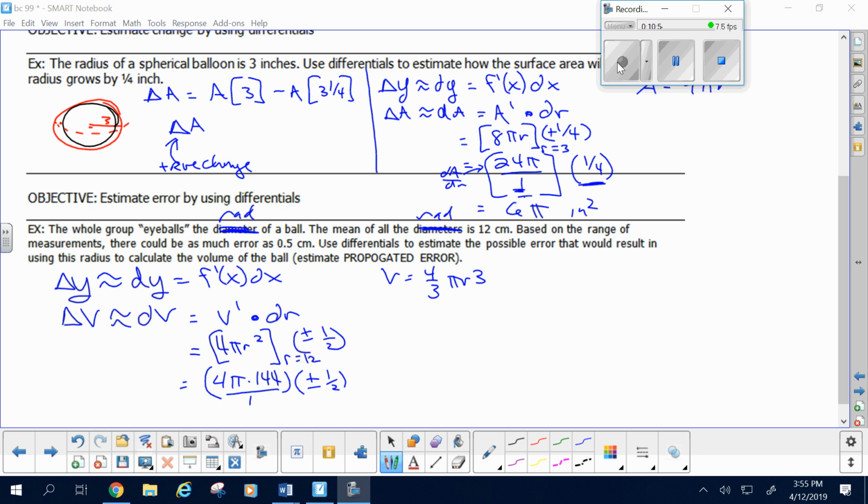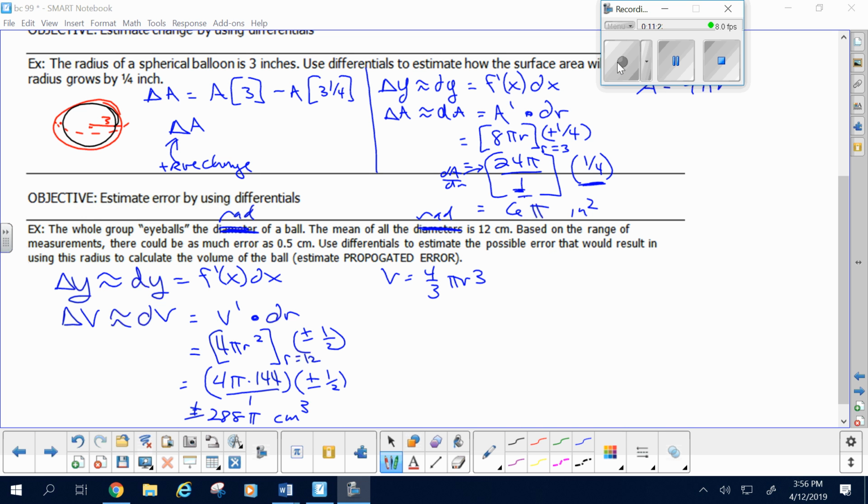That's a huge rate of change. The volume changes a lot by just one little change in the radius. If I were to clean this up a little, that is 288 pi centimeters cubed then. Just by changing the radius a half of a centimeter, the volume could be off by or changed by as much as 288 pi cubic centimeters in either direction.